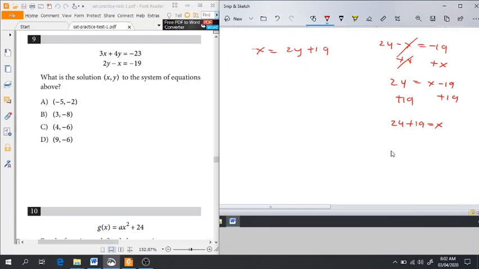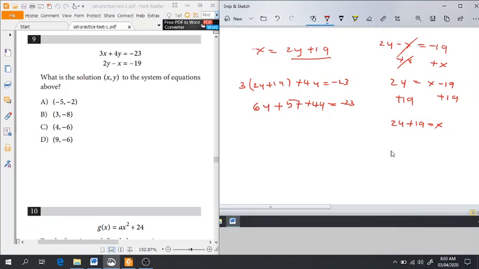Now substitute this value of x into the first equation so that you can solve for y. Then your first expression is 3 times x, which can be replaced in terms of y: 3 times (2y plus 19) plus 4y equals negative 23. 3 times 2y is 6y. 19 times 3 is 57, plus 4y equals negative 23.